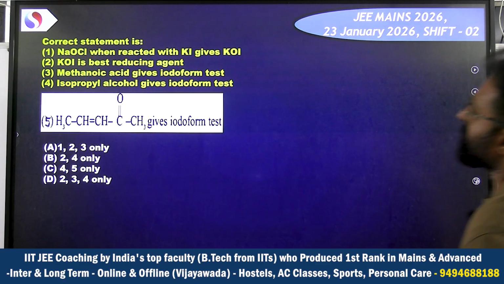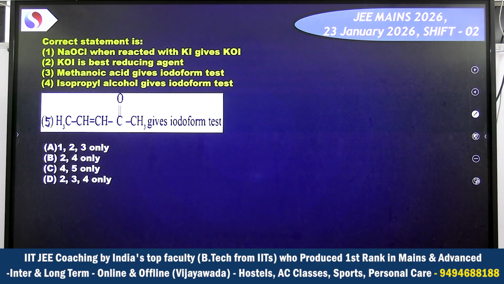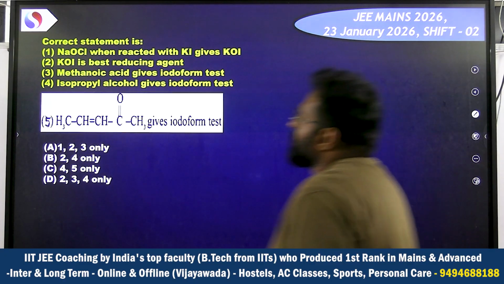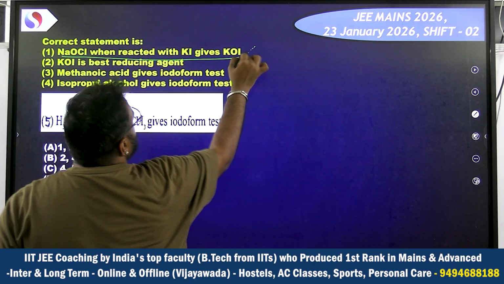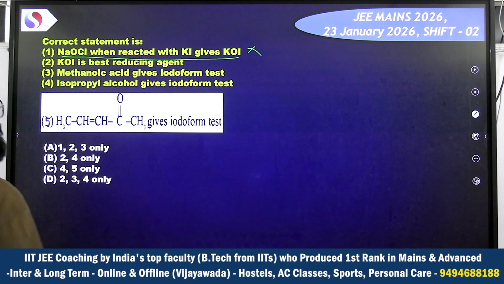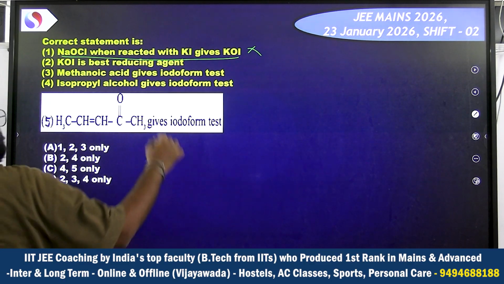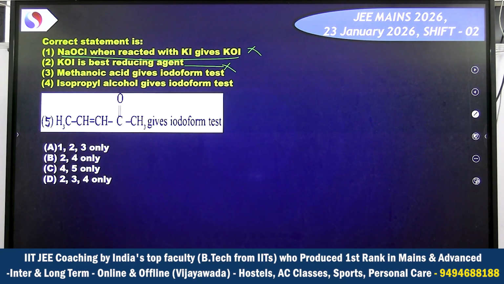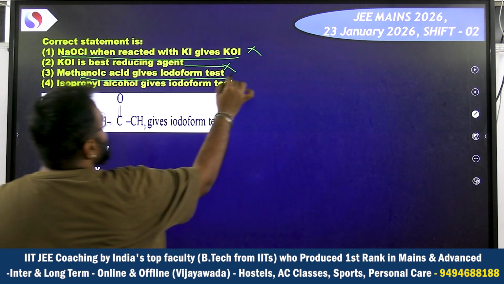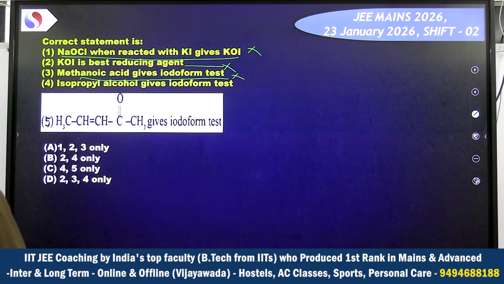Correct statement: NaCl when reacted with KI gives KOCl. So the first option is incorrect. NaCl will not give KOI. KOI is the best reducing agent. The second option is also incorrect. Methanoic acid gives iodoform test. It is also incorrect.